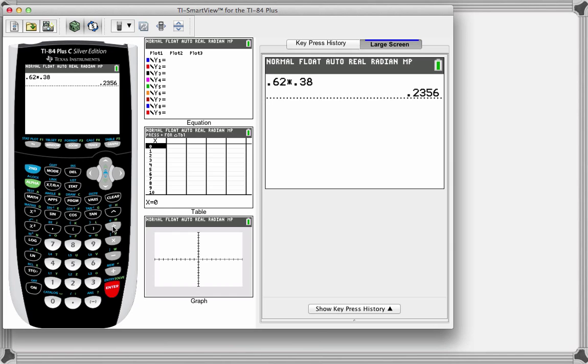Now we're going to divide by a different sample size here. Divide that by 500. Now again, you get a number in scientific notation on a calculator. That would be 0.0004712.